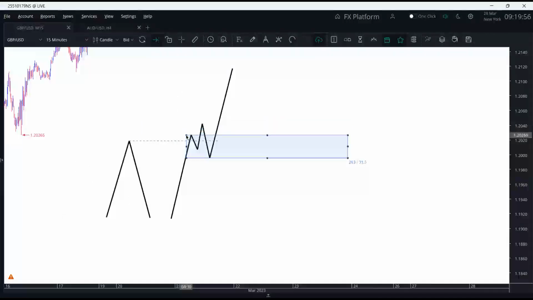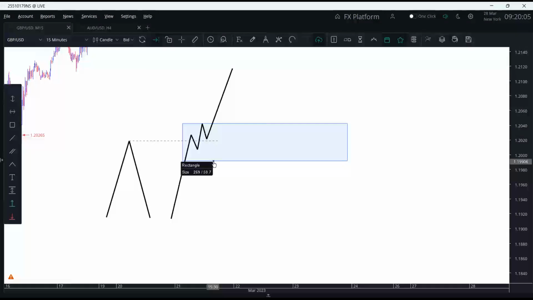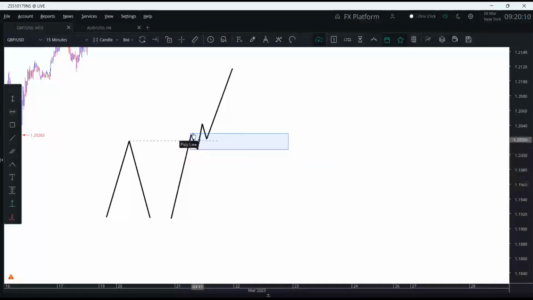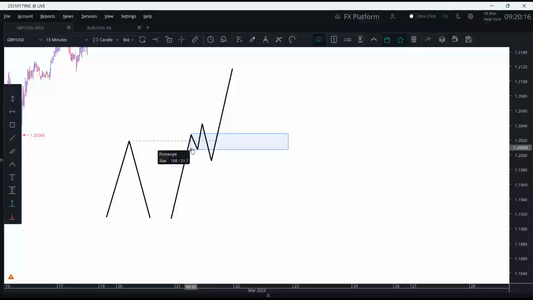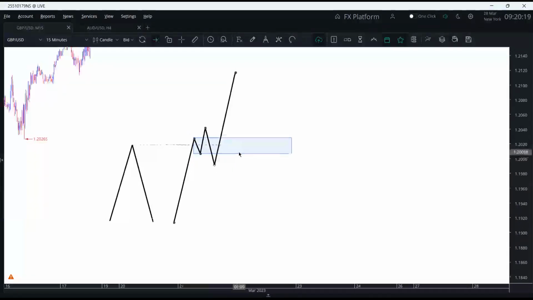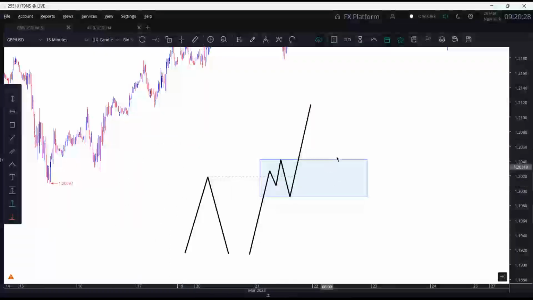It is not here, it is this zone. But if it was something like this, the FTR is still here, because it engulfs and the deepest retrace is here. This one is not engulfed. But when the retrace comes down and something like this, we call it that it gets to the major. So it was a trick.